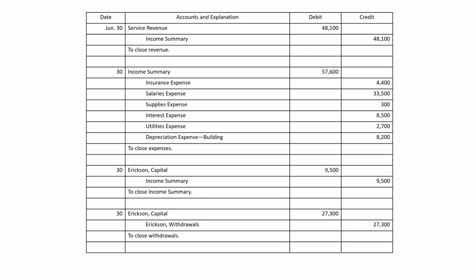So insurance expense, credit it for its balance of $4,400. Salaries expense, credit that balance for $33,500. Supplies expense, credit $300. Interest expense, credit $8,500. Utilities expense, a credit of $2,700. And depreciation expense on the building, credit of $8,200.